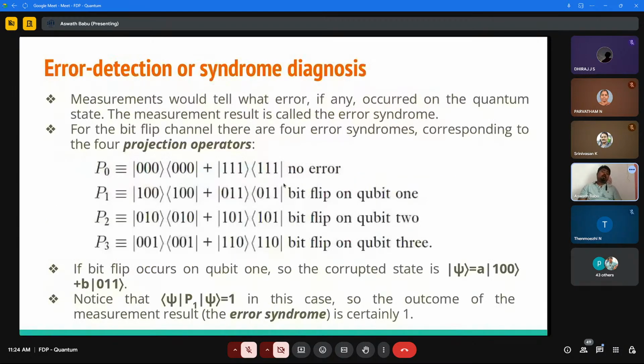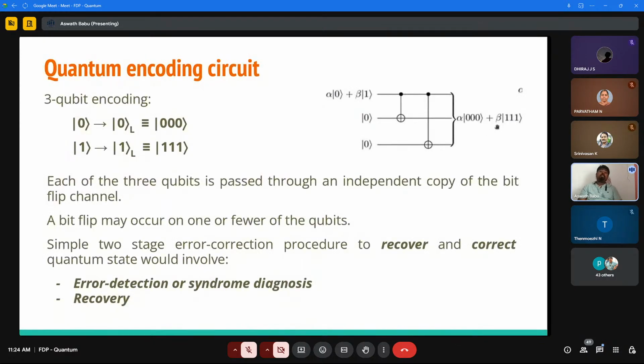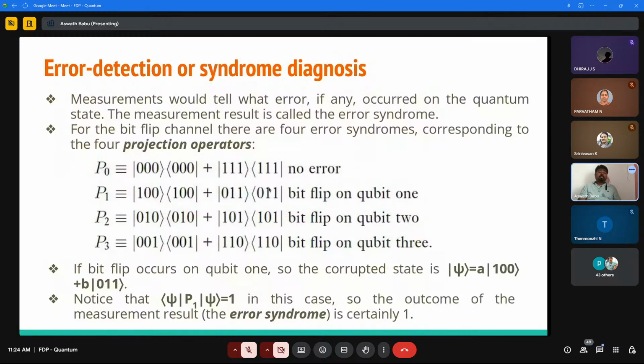Now that encoded information is sent through a calculation or a quantum circuit. After the circuit operation, we want to know: have we done any change? Has any circuit created any issue? For that, we have projection operators.